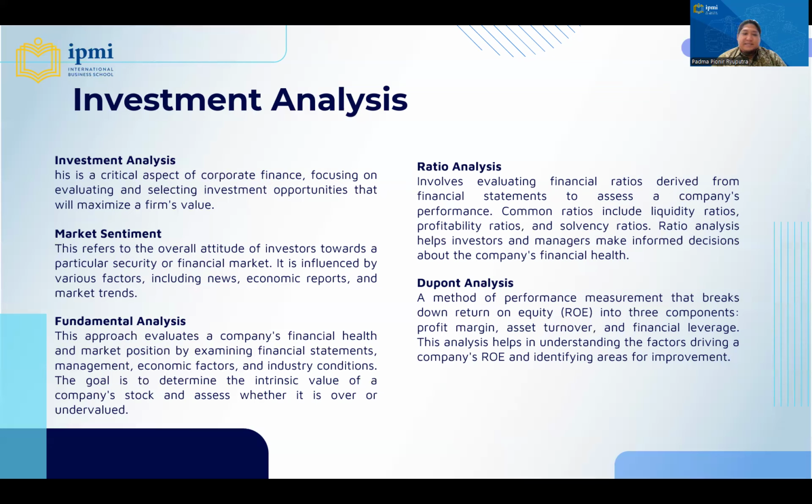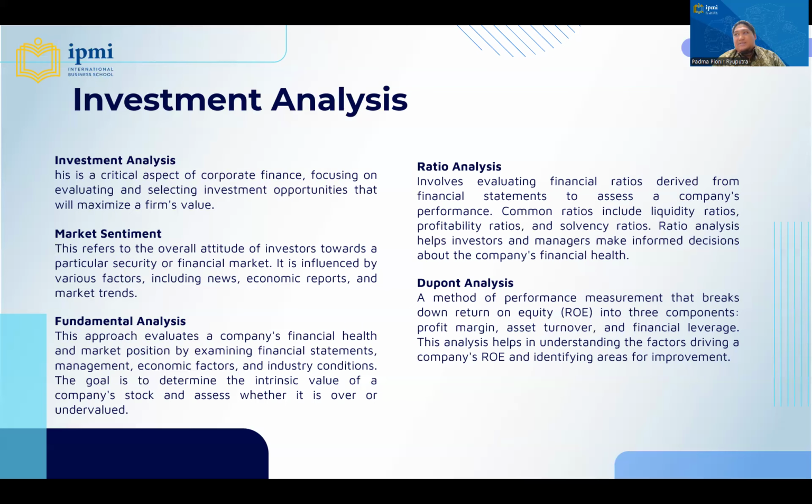DuPont analysis is a method of performance measurement that breaks down return on equity into three components, which are profit margin, asset turnover, and financial leverage. This analysis can help us understand the factors driving the company's ROE and identify areas for improvement. In class, we did an assignment about this part where we analyzed the situation of a company, and a higher ROE does not mean the company is healthy.